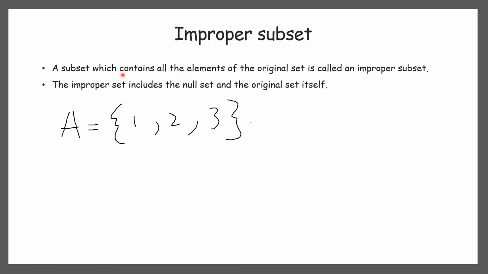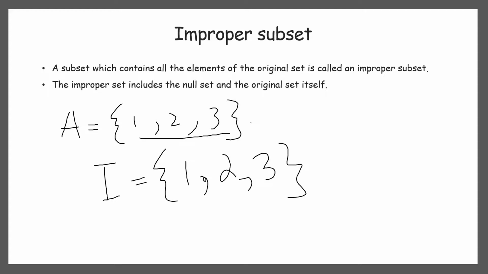As it is written here, an improper subset contains all the elements of the original set. It means that the improper subset of A, let's say it is set I, contains all the elements of the original set. So 1, 2 and 3.